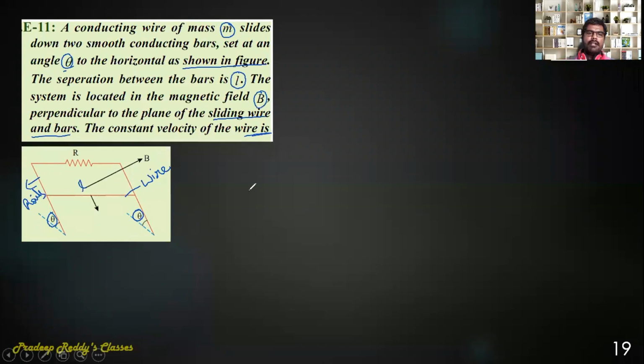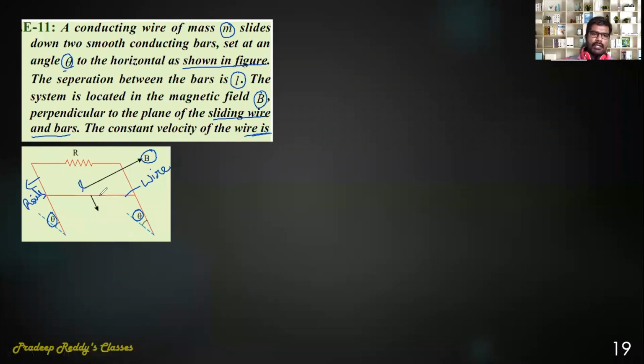So what is the constant velocity of the wire? Magnetic field is perpendicular over here to this length L. Whenever the coil is moving in downward direction and is placed in an external magnetic field, there will be a gravitational force acting upon that wire as it pulls it downward.